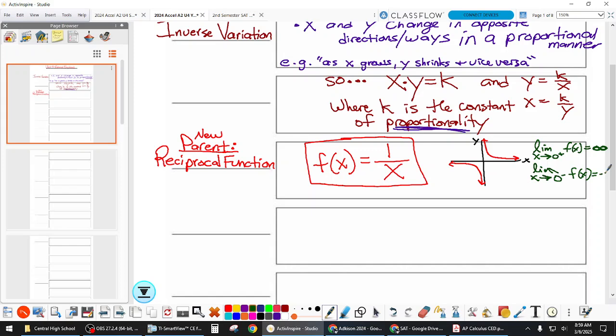It's not negative 0. It's from the left. Okay. Equals negative infinity. So it's shooting down. Okay?